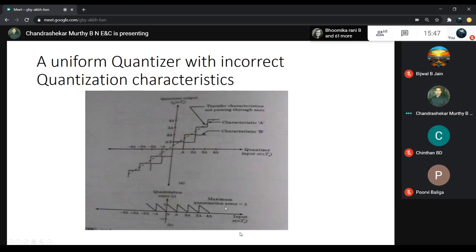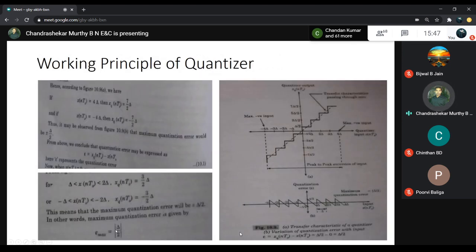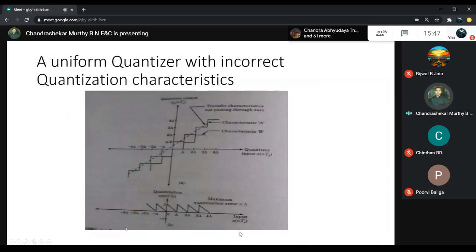In this case the quantization error is delta. But previously, with the mathematical equation, the maximum error in a uniform signal is delta by 2, but here it is delta. That is why this transfer characteristic is incorrect. It is not properly quantized.